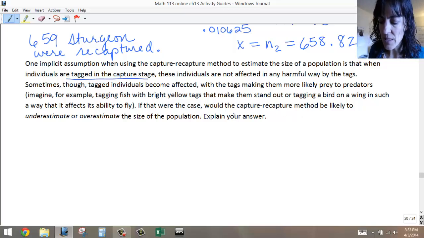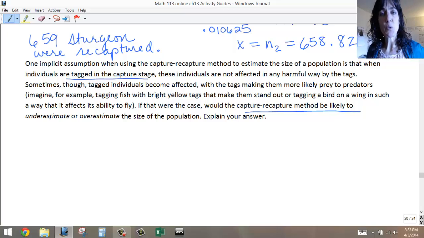So if in this case we're saying the ones that we tag are more likely prey, so they're being killed before we can recapture them, then what's going to happen? Are we going to underestimate or overestimate in our recapture?